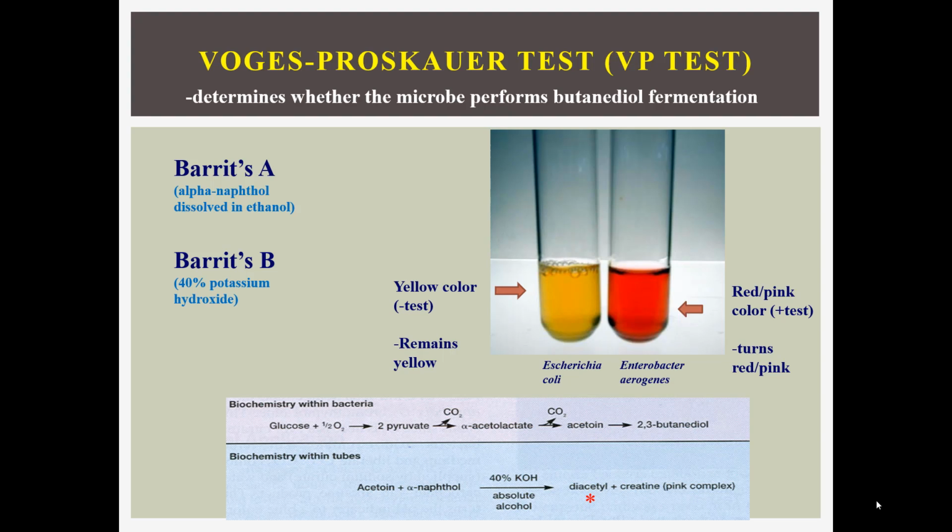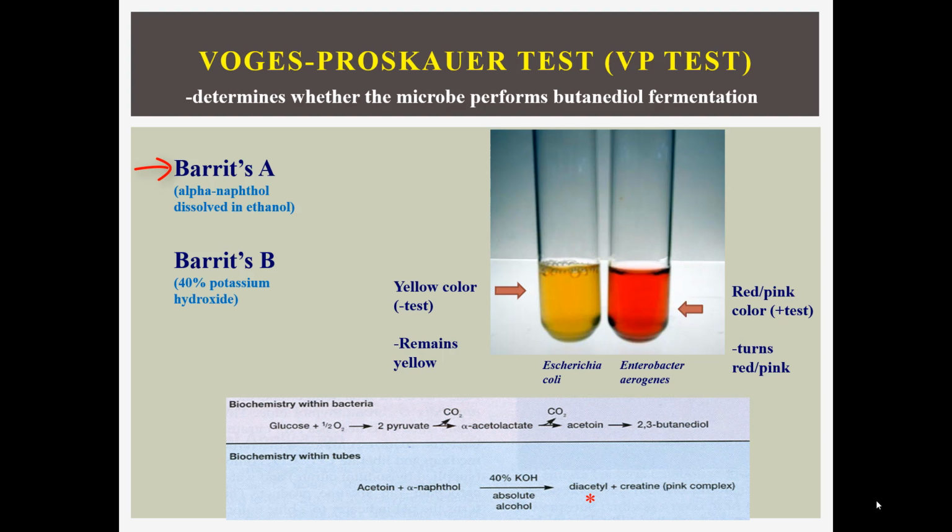The Voges-Proskauer test determines whether the organism produces butanediol or is capable of butanediol fermentation. In this test, cells are grown in MRVP medium and then incubated. After incubation, Barritt's reagents are added.